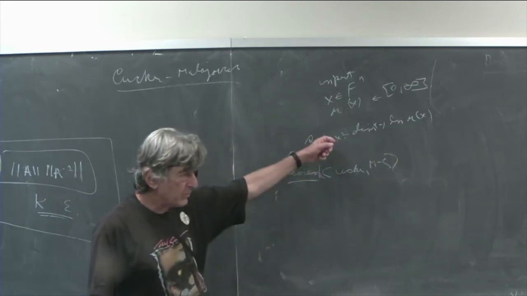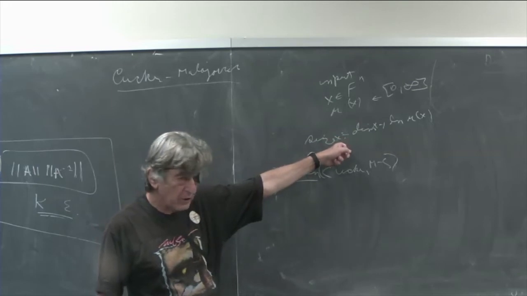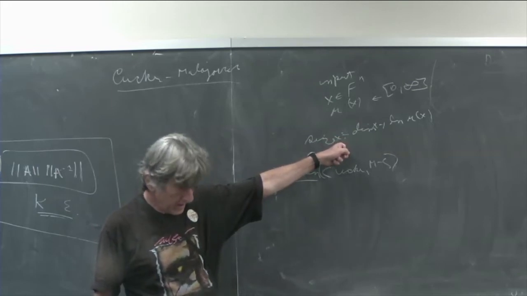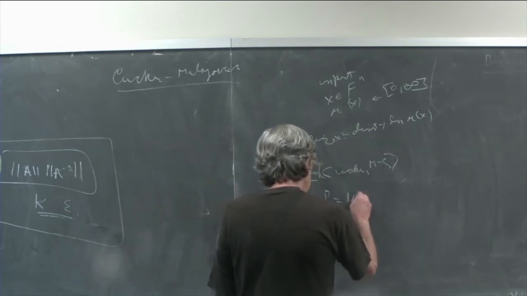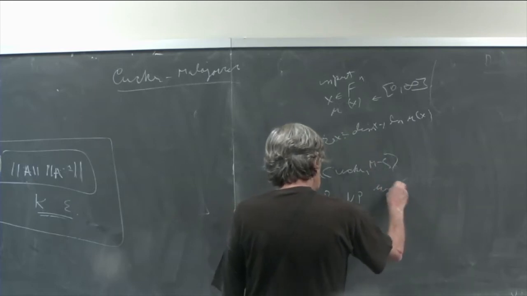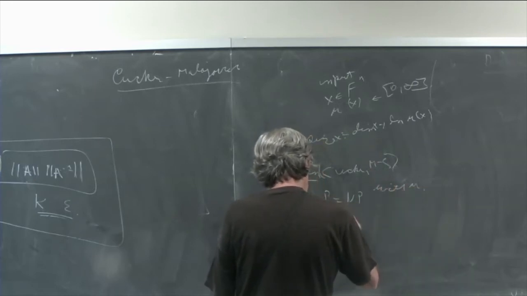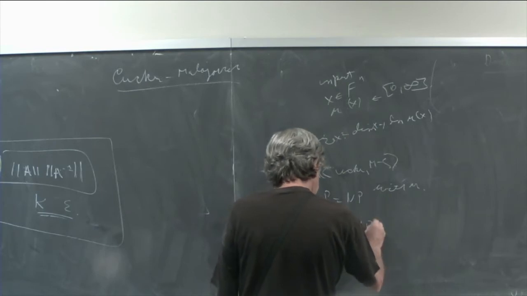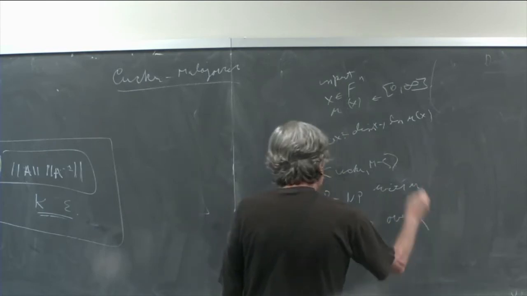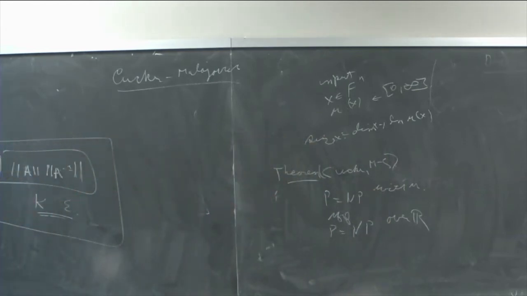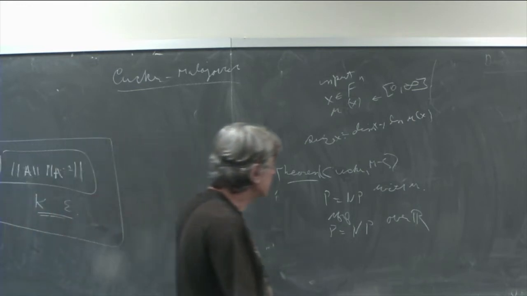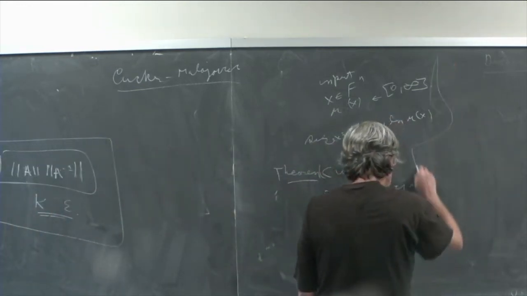And the theorem is that P equals NP in this situation if and only if P equals NP as usual over R. In some ways that's an amazing theorem to me. Anyway, that's one result.